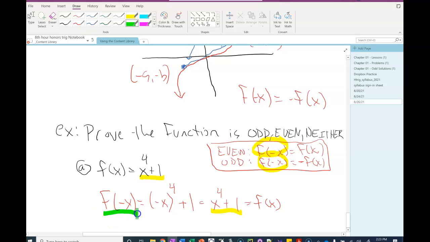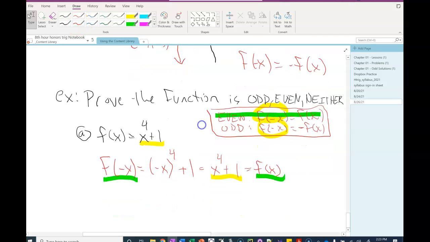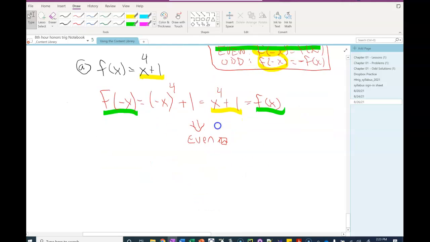So what we've shown here is that f of negative x is equal to f of x, which is our definition for even. So we're done. Is that okay? Okay. Let's do another.